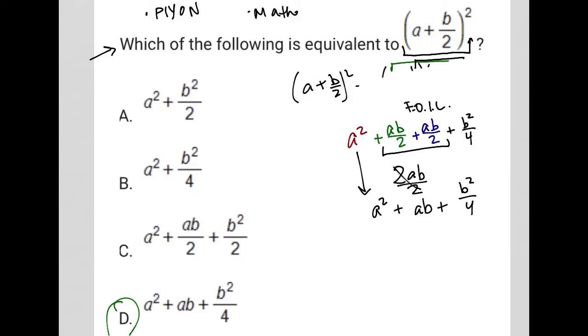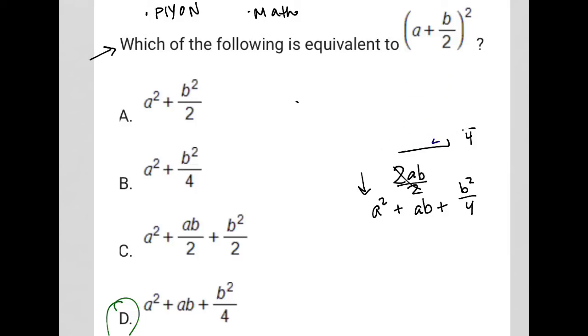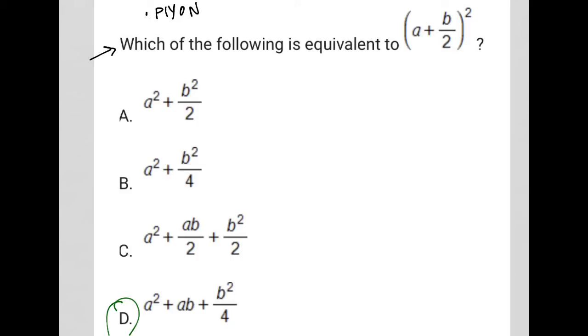So let me erase this now and show you how you could use plug in your own number, which is a great strategy to consider anytime you see variables in the answer choices as well as variables in the question. So I'm going to say a equals 2, and I'm going to make b equal 4, just to make the fraction here simple.